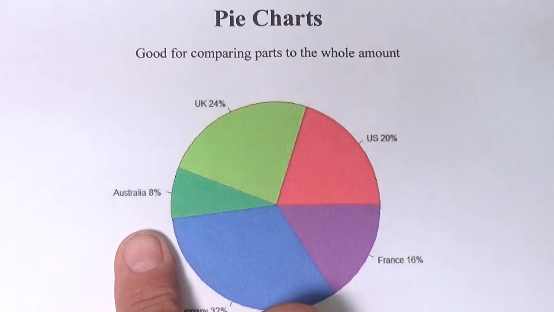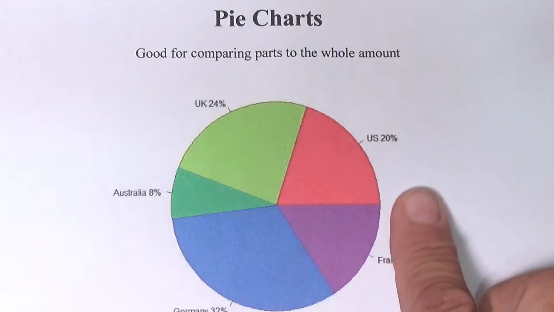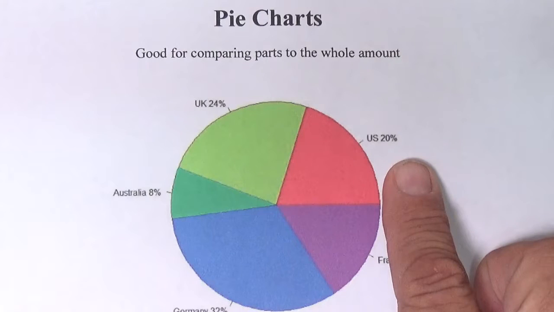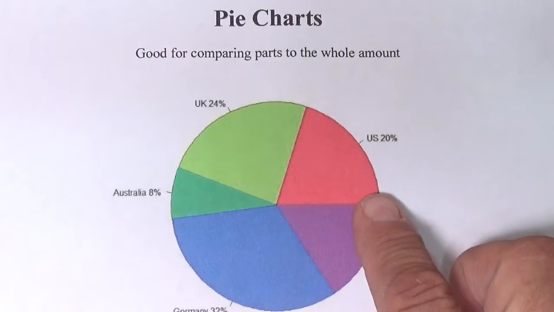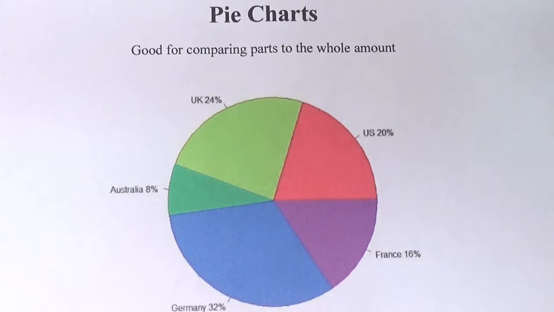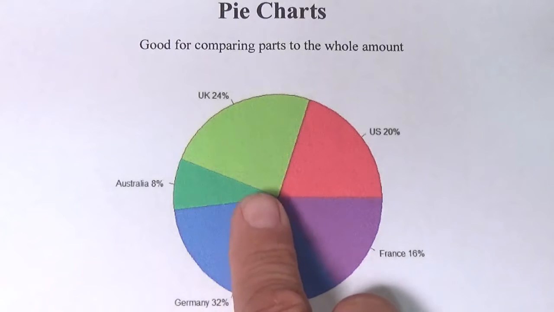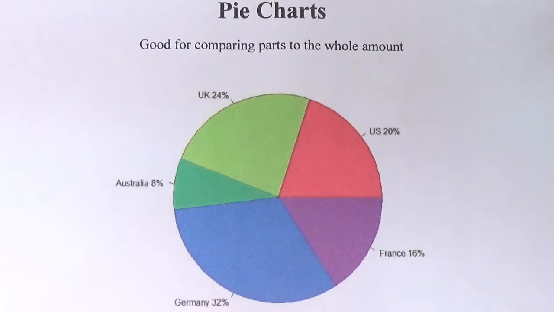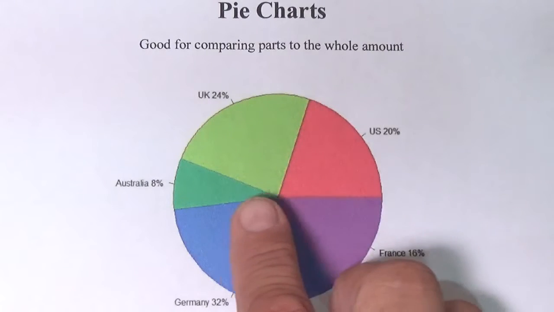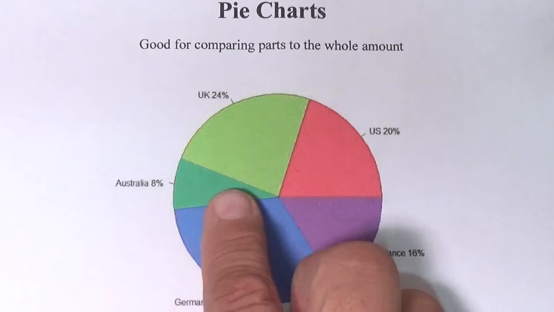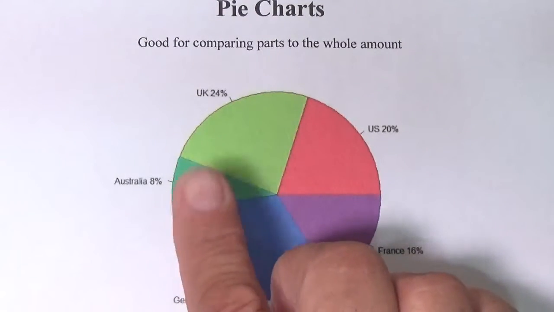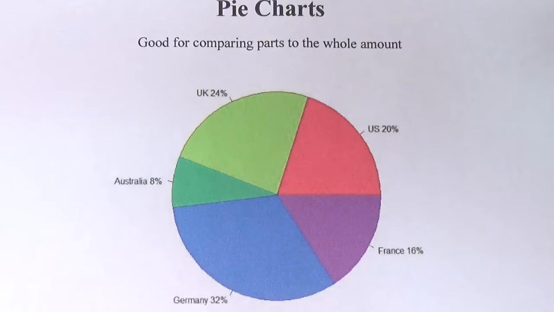They'll be labeled so you can see what they are, and of course many times they'll give the actual percent, but the idea here is to look at this, and we can see that this bluish slice here is the biggest one for sure, and then after that probably the green, and then the red, the purple, the smallest slice representing that part out of the whole is the darker green right here.